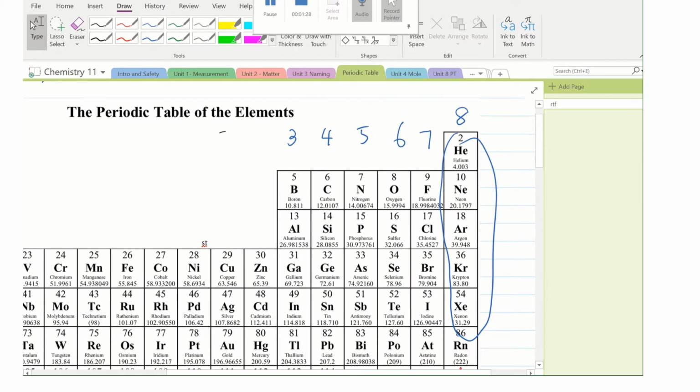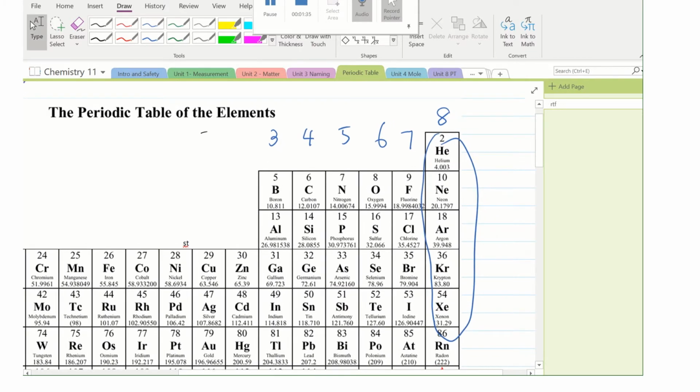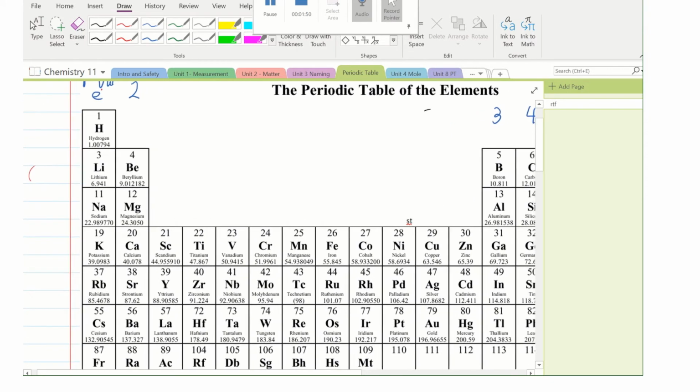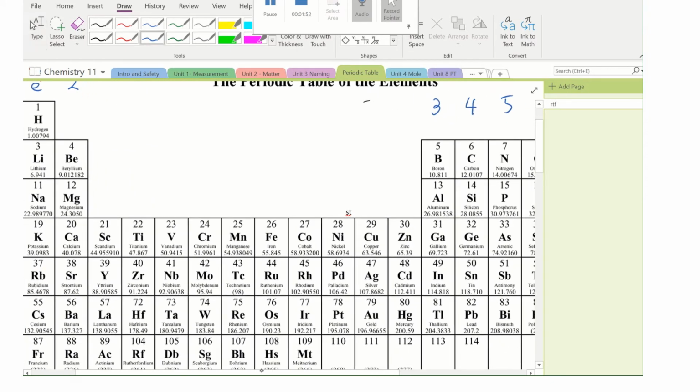The halogens have 7, just one away from having the same number of electrons as the noble gases, so they like to gain 1, and therefore their charge tends to be -1.